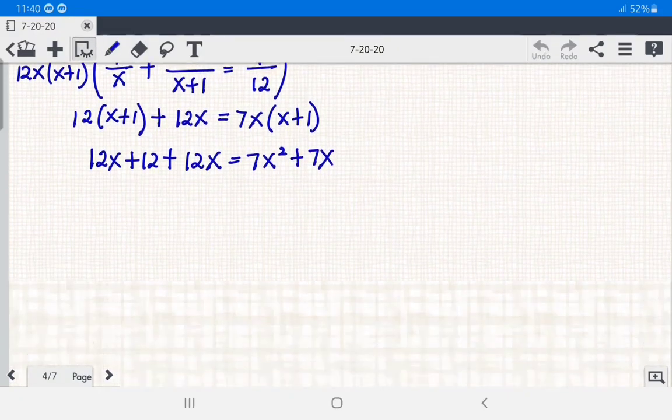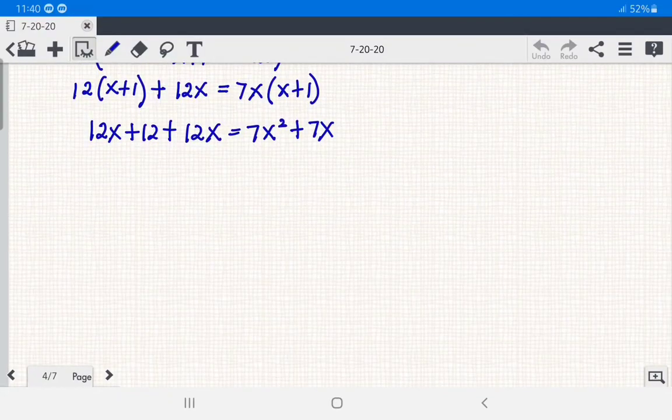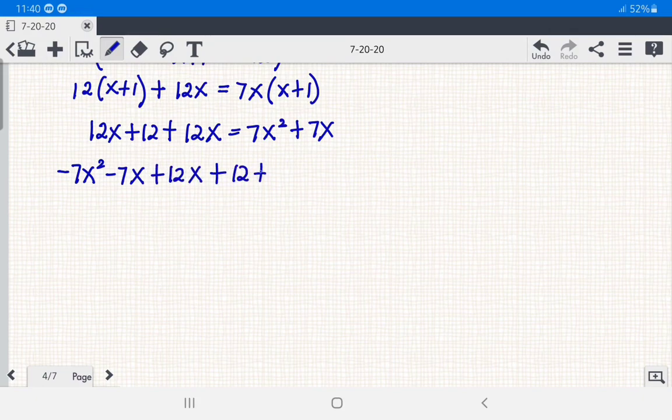Then combining similar terms, you can transpose 7x squared and then 7x to the left side. Just change the sign, or you can make use of the subtraction property of equality. So we have negative 7x squared, then minus 7x, then plus 12x, plus 12, plus 12x, then equals 0.